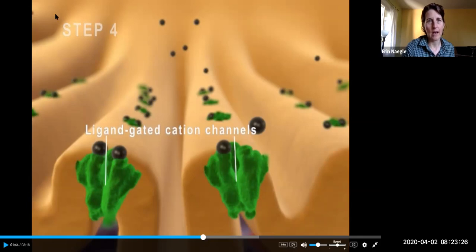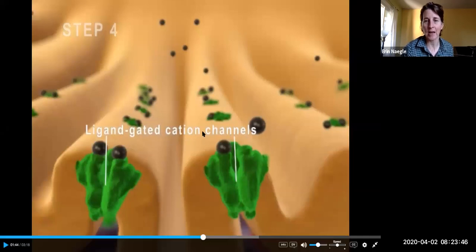So the axon terminal up here has released this acetylcholine. What you'll notice is that 2 acetylcholine molecules bind to this ligand-gated cation channel, right? Ligand gating means a chemical has to bind there to open it up.